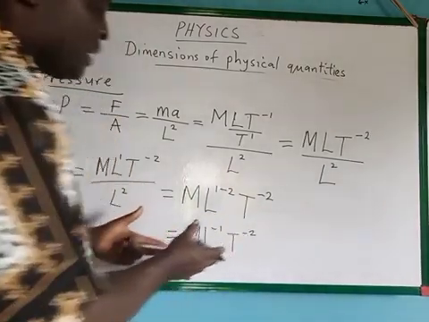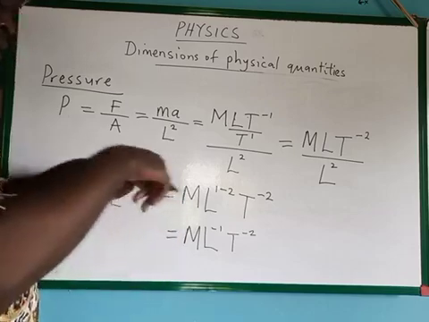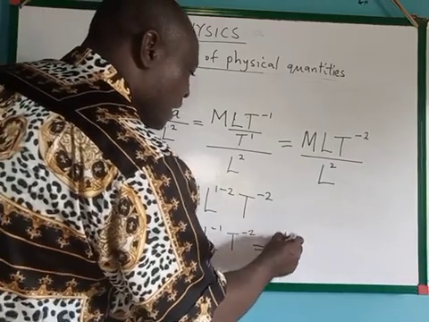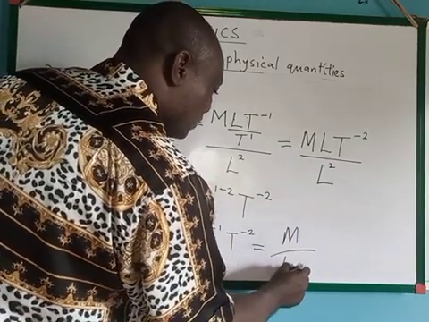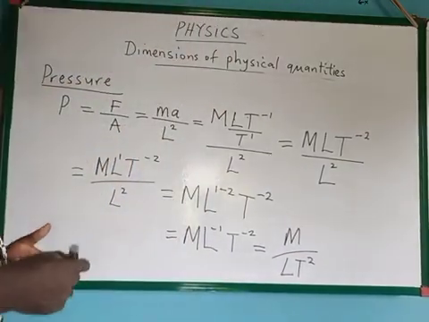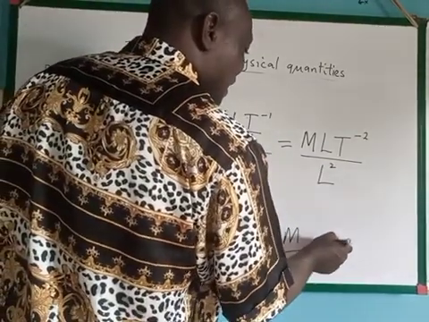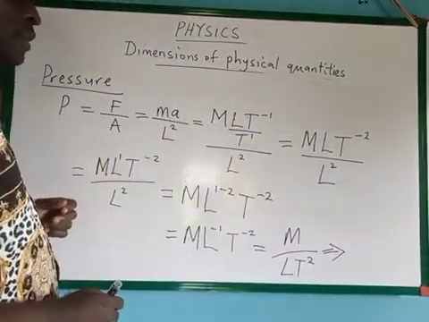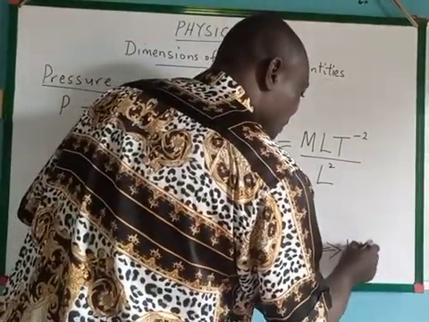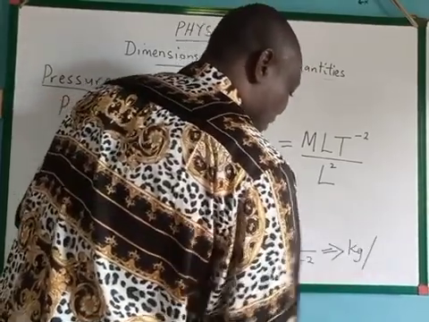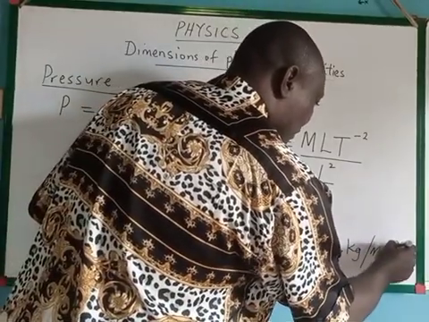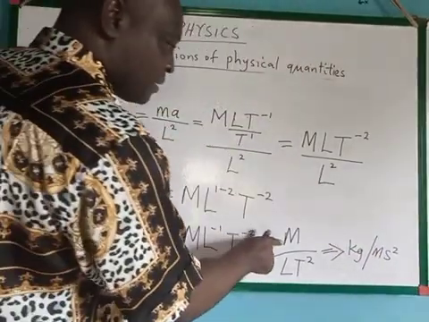So if I want to bring the negative powers down as reciprocals in the denominator, it becomes M all over L raised to the power 1, T raised to the power 2. So how does this now relate to the SI unit of pressure? This is mass, kilogram, divided by, or per, length, meter, seconds squared.